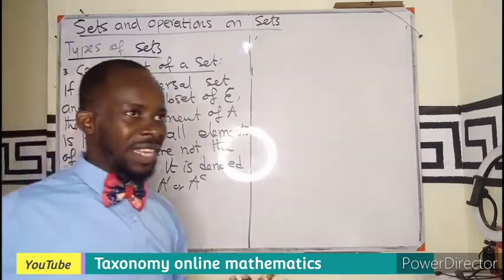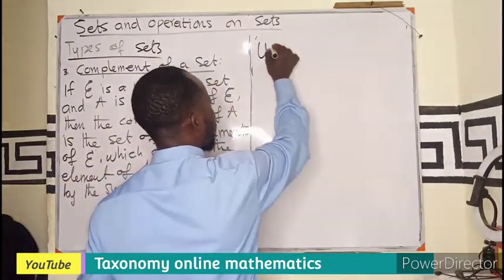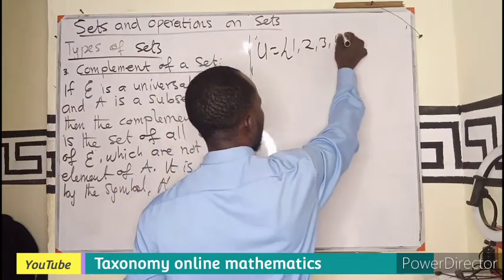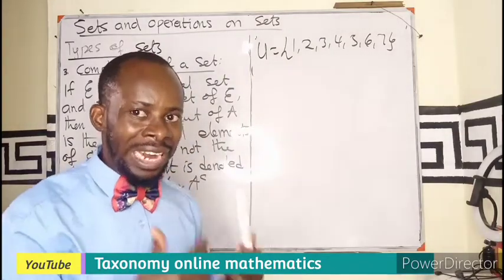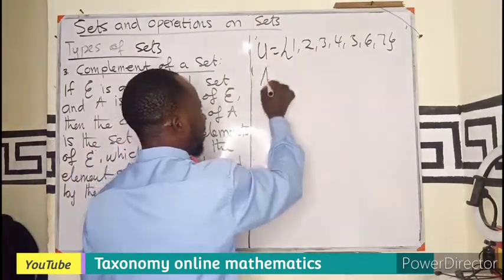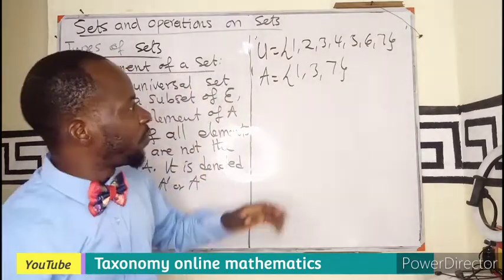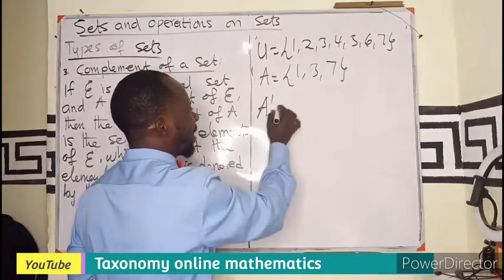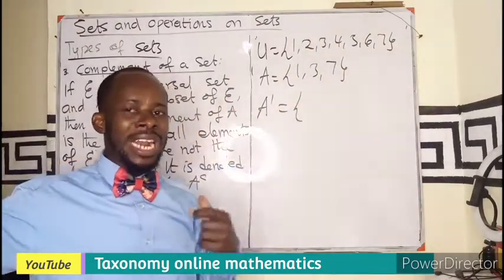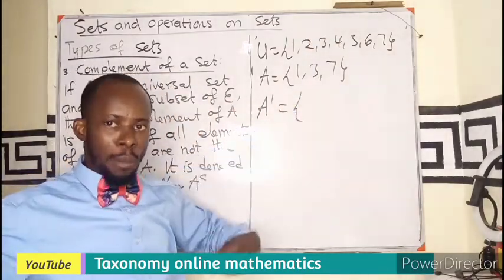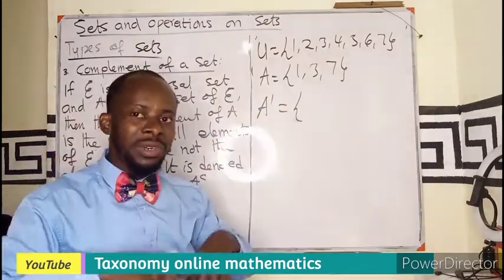What they are saying is that if you have elements of a universal set, these are the elements of the universal set, the set under discussion. Then I have the set A. If I am looking for the complement of the set A, I am looking for the elements that are in the universal set but are not found in the set A. The complement of A, the elements in the universal set, in the mother set, that are not found in the given set.